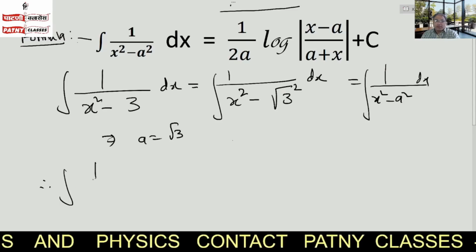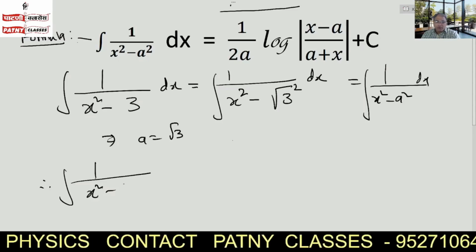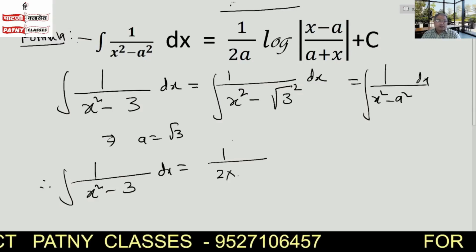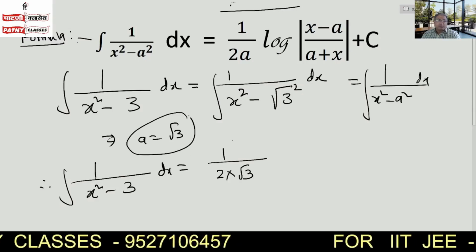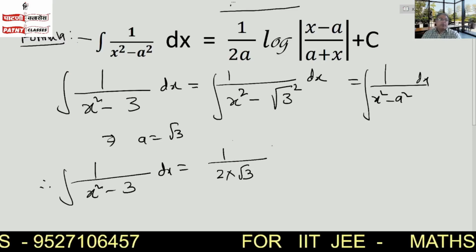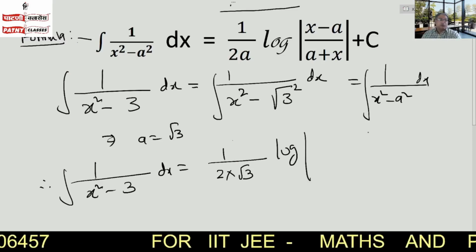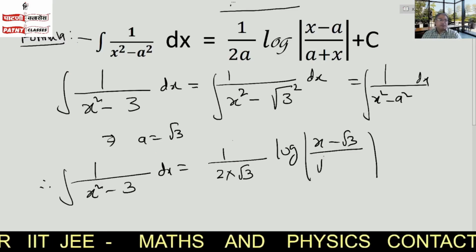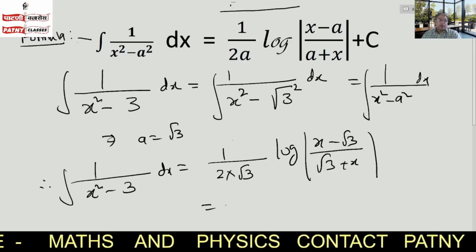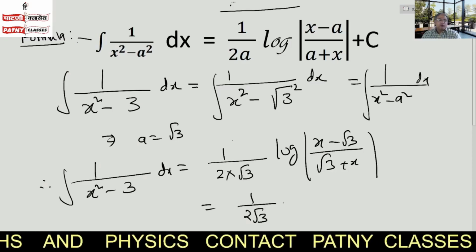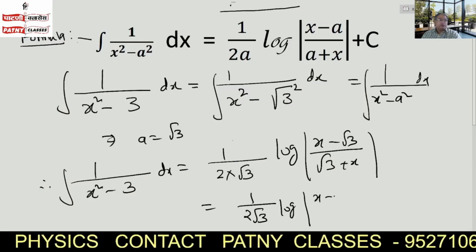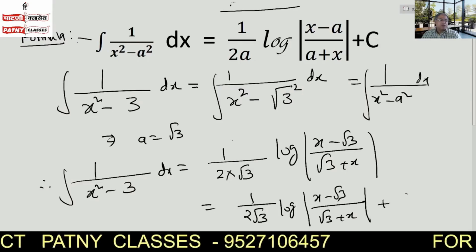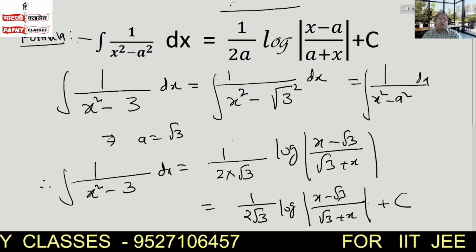Therefore the integration of 1 upon x square minus 3 with respect to x equals 1 upon 2a, that is 2 into root 3, since a equals root 3, and log of modulus of x minus a, x minus root 3, upon a plus x, root 3 plus x, that equals 1 upon 2 root 3 log of x minus root 3 upon root 3 plus x plus c. This is the final answer.